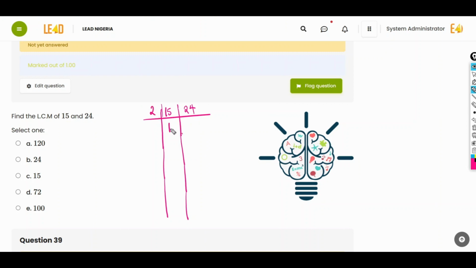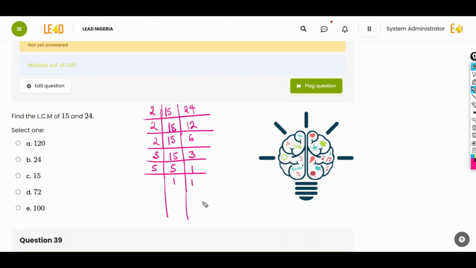This will give me 15, but then here 2 in 24 would be 12. 2 in 15, we still write down 15, but this gives us 6. We use 2 again, 2 in 15, we write down 15, but now we have 3. 2 in 6 is 3. Next, we use 3. We have 5, 1, and now 5, we have 1, 1.